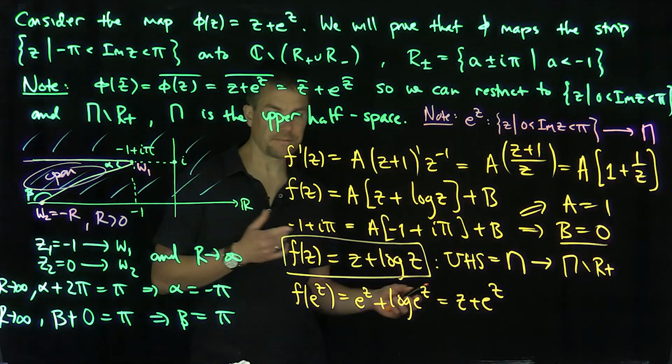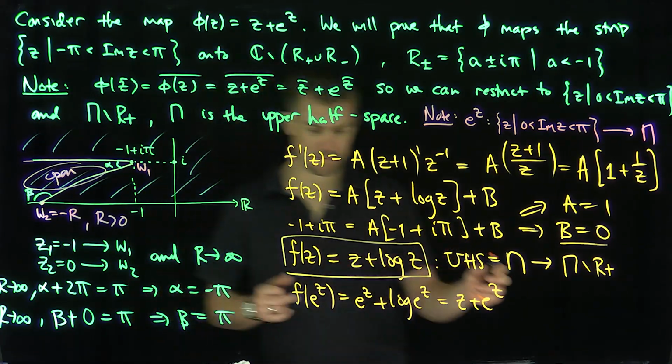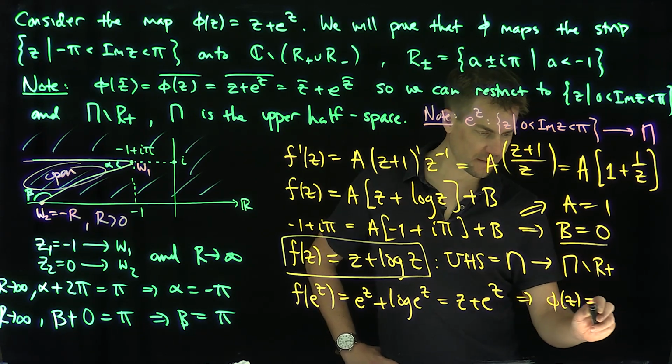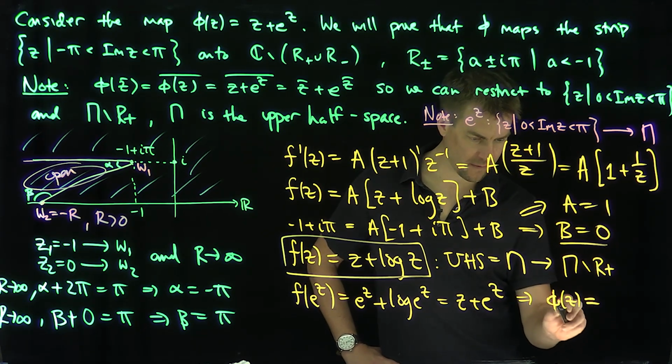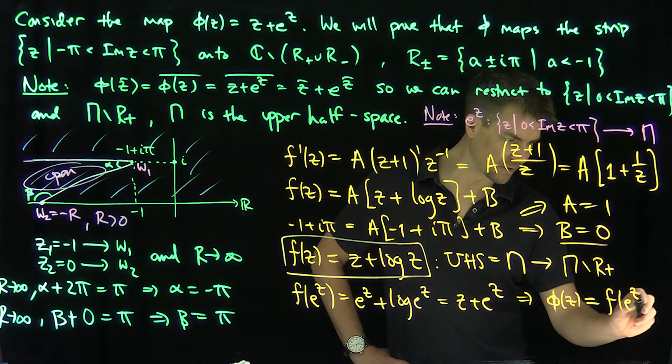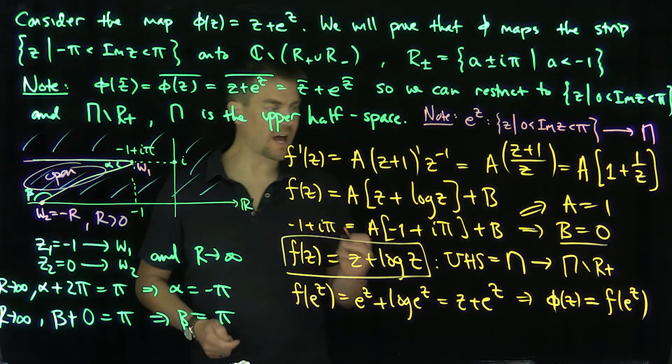Great. Now that's phi. So this says that phi of z is f of e to the z. So it's a composition of two things. So what happens over here?